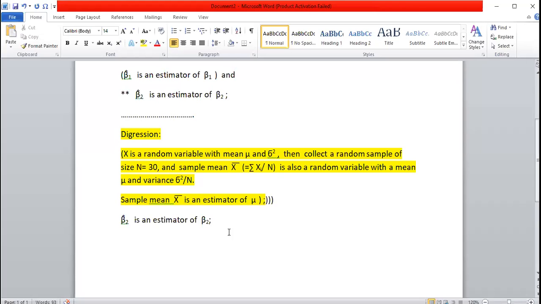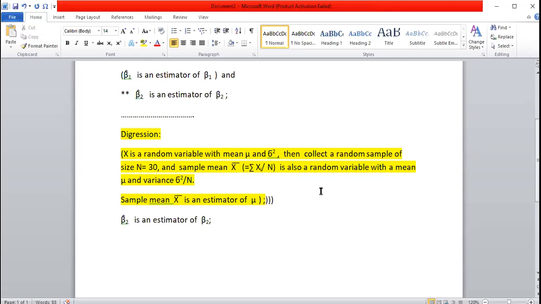Now, there are some criteria for a good estimator. If I ask whether X bar is a good estimator of mu or not, what will your answer be? Professor, how can you know without any calculation?